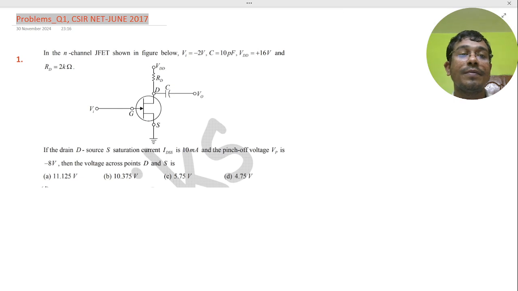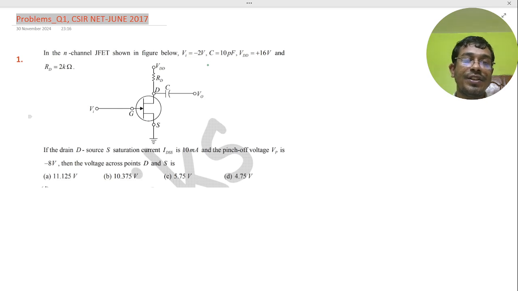The first problem is from NET June 2017. It says that in the N-channel FET shown in the figure below, Vi is minus 2 volt, the capacitor is 10 picofarad, the drain supply voltage VDD is 16 volt, and the drain resistance RD is 2 kilo ohm.